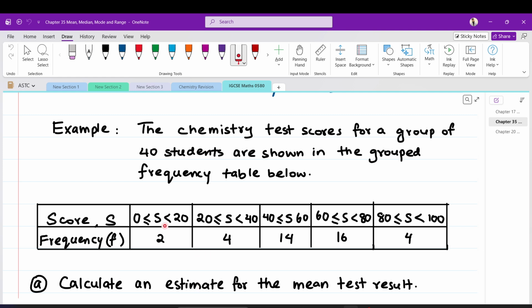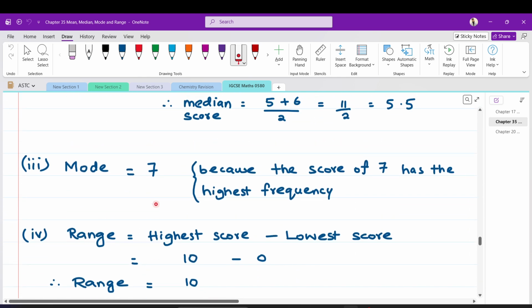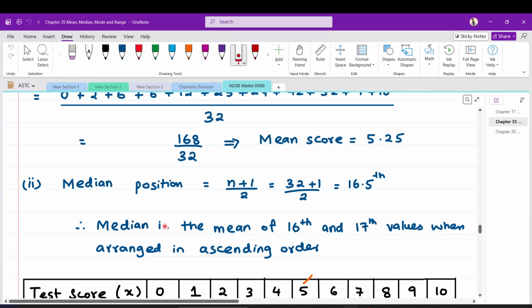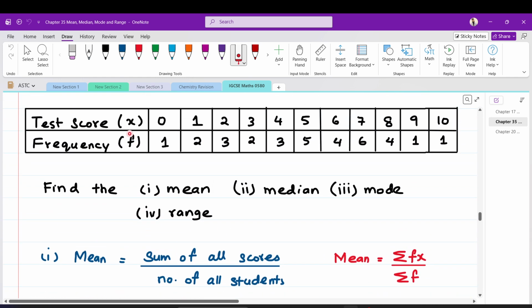Now because you're not aware of the exact values, that is why, if I'm talking about the interval 0 to 20, if we just go back a little, when we were trying to work out the mean score in part 1, we multiplied the x values with the frequency values, plus this multiplied by this, plus this multiplied by this, and so on.